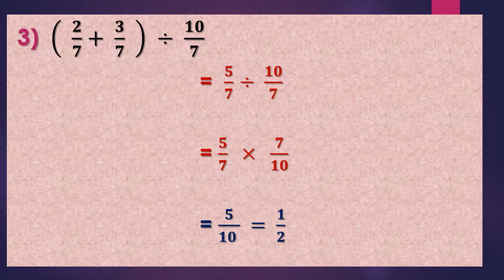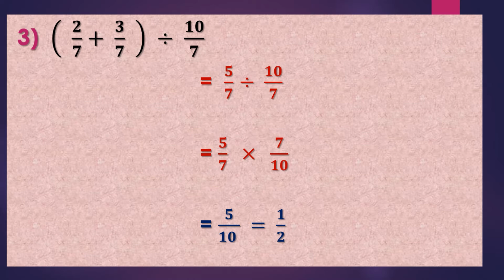Another example, 2 over 7 plus 3 over 7 inside the brackets divided by 10 over 7. First, we must get the result of the operation inside the bracket: 2 over 7 plus 3 over 7 equals 5 over 7, then divided by 10 over 7.